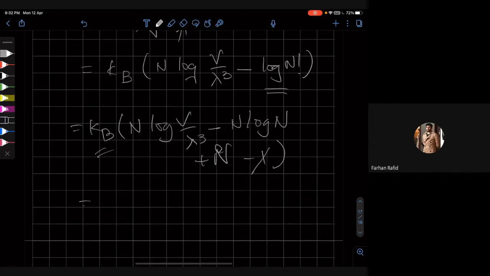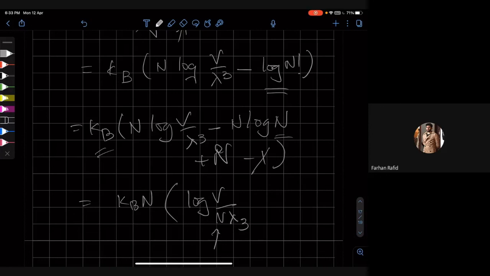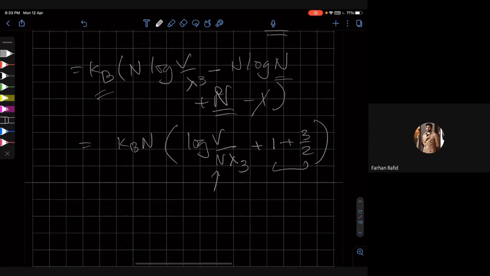And then if I factor out n, we get Kb n, and then we have log of v by n lambda cubed, and then this guy is just 1 plus 1, and then there was 3 halves. So when we add these two things, we get 5 halves.